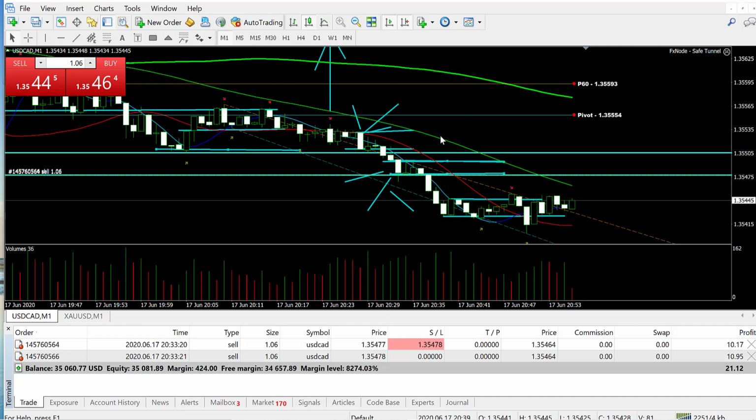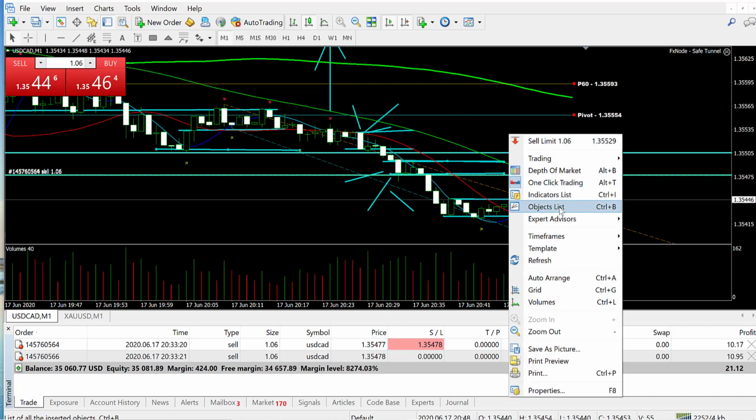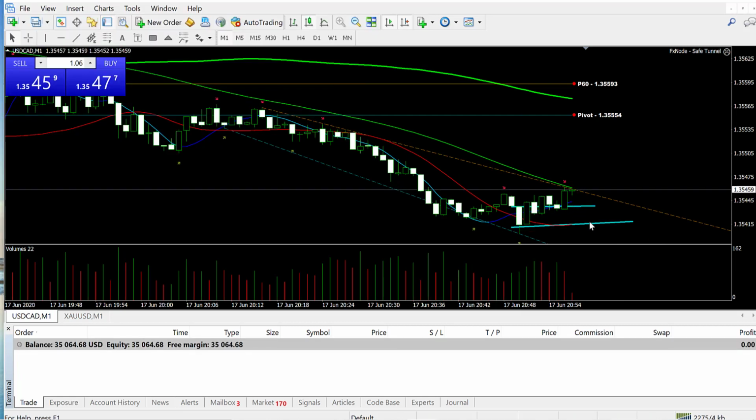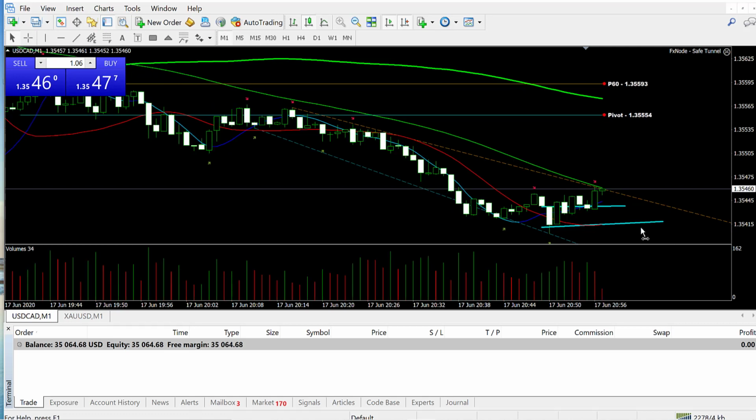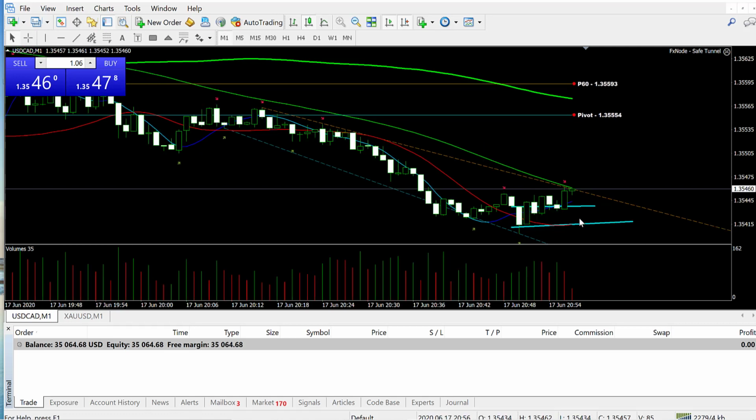So let's see this in live action. Let's find a setup. Let's get rid of some of this stuff. As you see, we broke above. So the market went in the other direction. So you would be looking for a buy in the market right now. And see, we're still in a downtrend, but these are support and resistance zones.